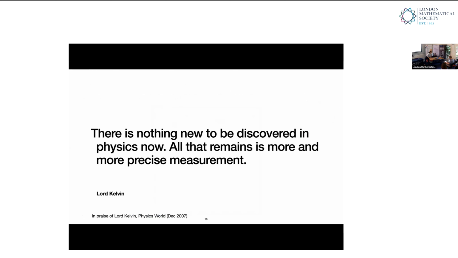I found this quote by Lord Kelvin. I was a bit surprised, so maybe there's more context to it. I'm not entirely sure about it. But apparently he said that there is nothing new to be discovered in physics, and all that remains is more and more precise measurement.